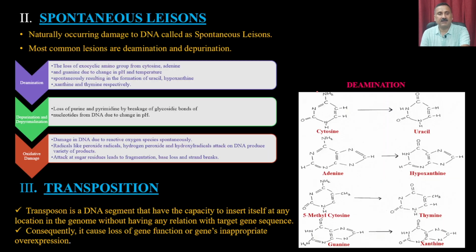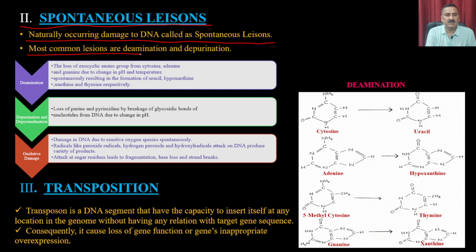Then we have the second thing, spontaneous lesions. Naturally occurring damage to the DNA is called spontaneous lesions. The most common lesions are deaminations and depurinations. Deamination is the loss of the exocyclic amino group from cytosine, adenine and guanine due to changes in pH and temperature, spontaneously resulting in the formation of uracil, hypoxanthine, xanthine and thymine respectively.